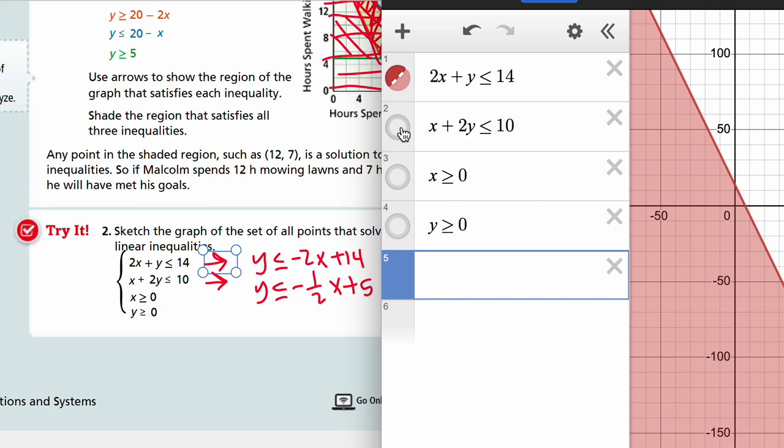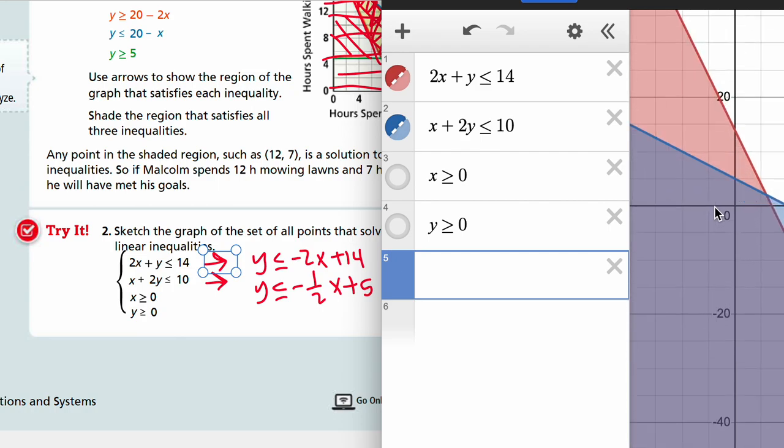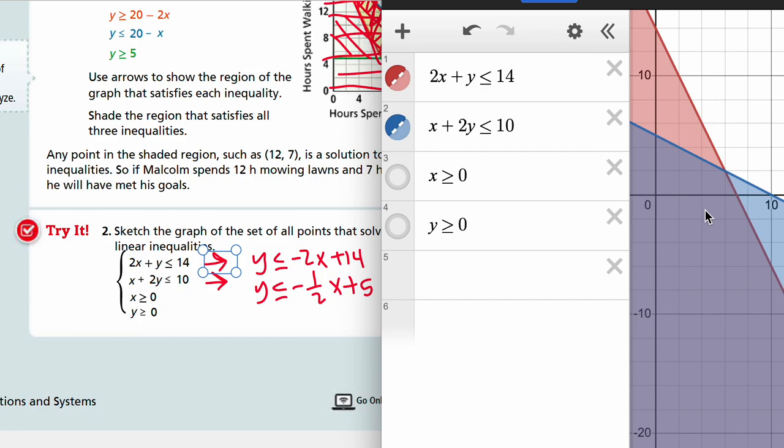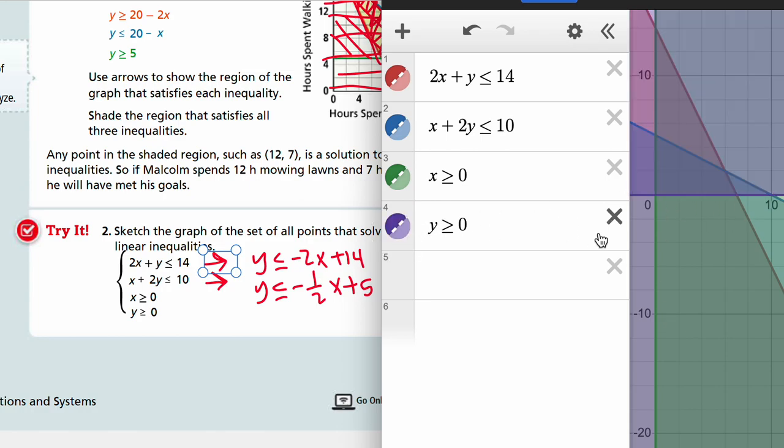And then the second inequality, x plus 2y less than or equal to 10. So you have 5 as your y-intercept, and then negative 1/2 as your slope. And then you have x greater than or equal to 0. So x equals 0 is this vertical line, and then everything greater than that for x would be on the right. Y greater than or equal to 0 would be the horizontal line, y equals 0, and then everything greater than 0 for y would be above.